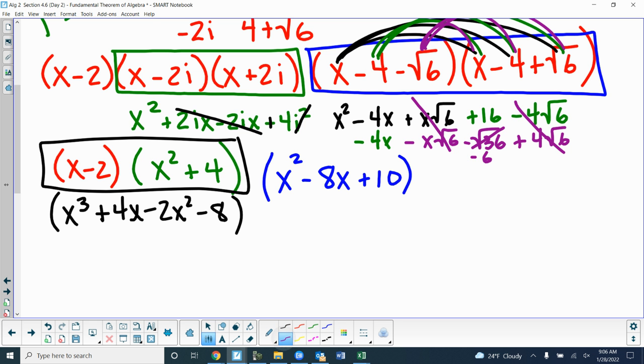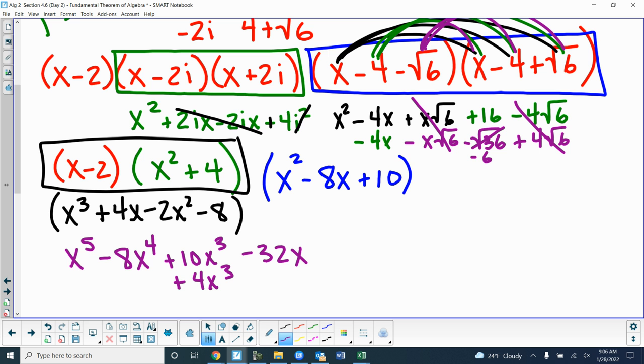All right. So I'm going to do x cubed times x squared, x cubed times negative 8x, and x cubed times 10. Then we go 4x times x squared, which is 4x cubed, right? And 4x times negative 8x is negative 32x squared.